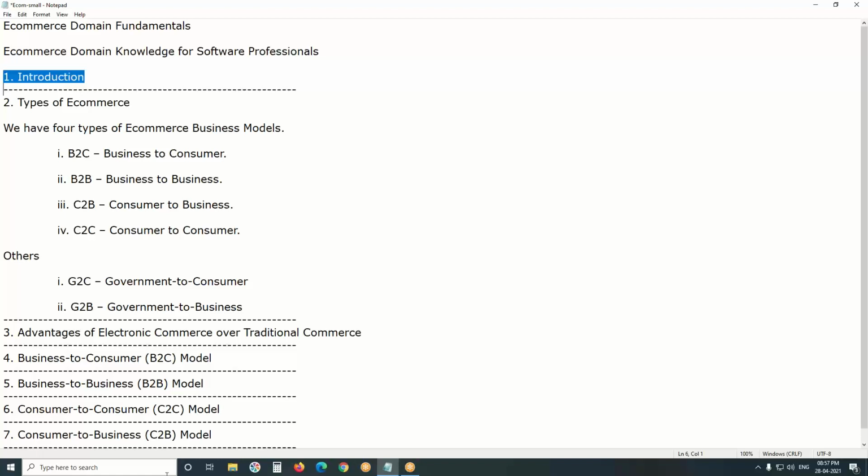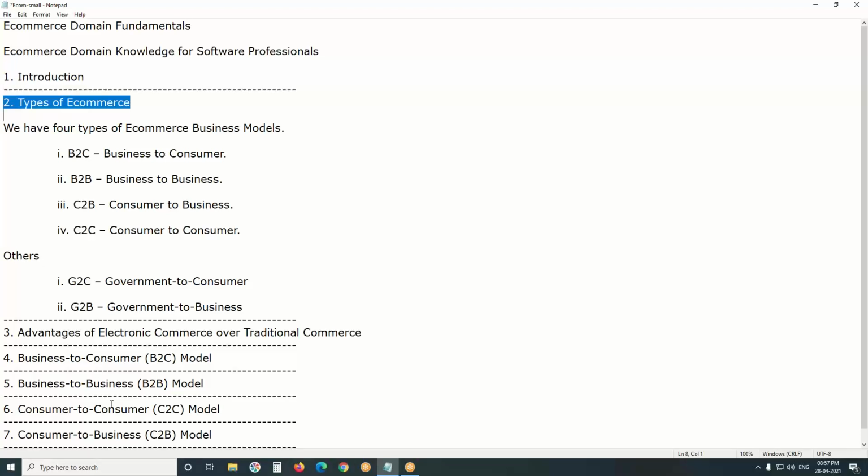Next, e-commerce offers many benefits over traditional retail, including exposure to new geographical and international markets, and a streamlined buyer to seller relationship.